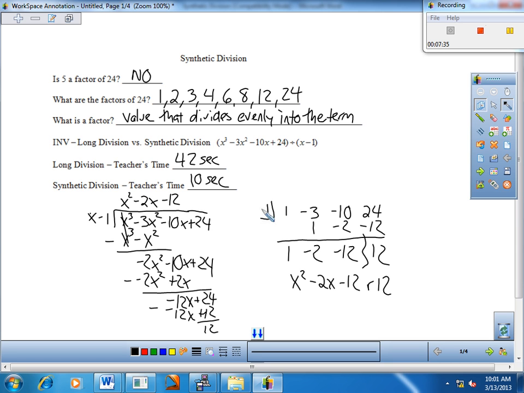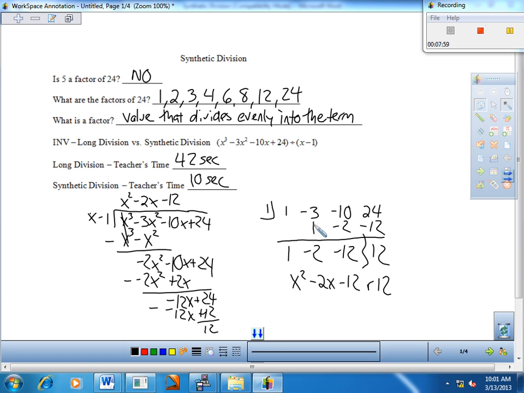One other major contrast here: what operation have we always done with long division on the outside? Minus. And that's what I did here and here and here, as I showed you, matching up with these pieces. But in this case, I did not do subtraction as I worked vertically.